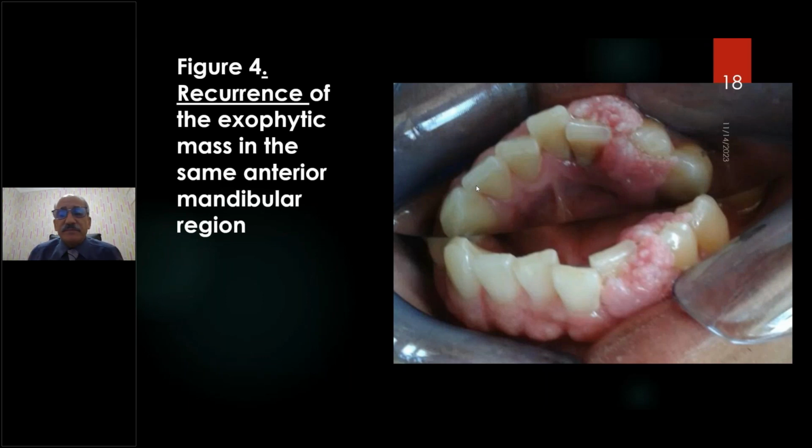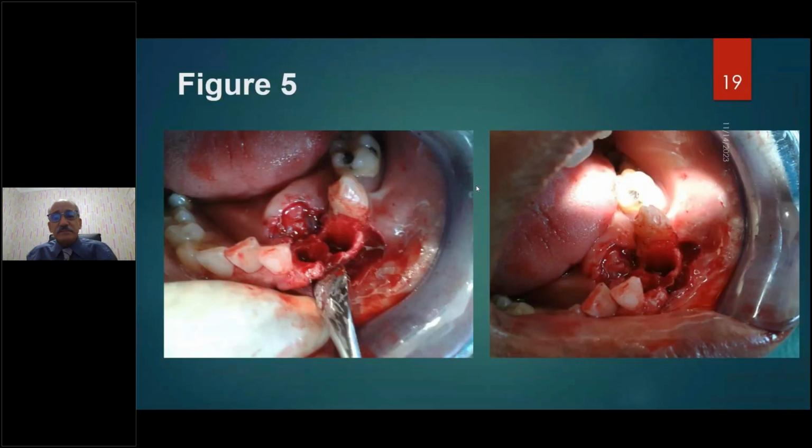Next. These are the sockets after removal of the teeth. Here as well, we see the sockets also. Next please.